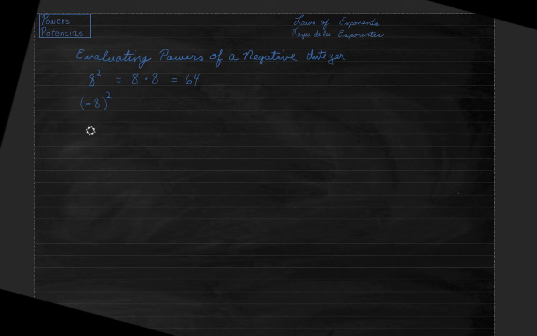That's because if you simply write negative 8 with a little 2 on top, then that has a very different meaning, and it's not the same expression. I will explain in a moment why we need to put parentheses around the negative 8. In fact, we have to use parentheses around any base which is not a positive integer.